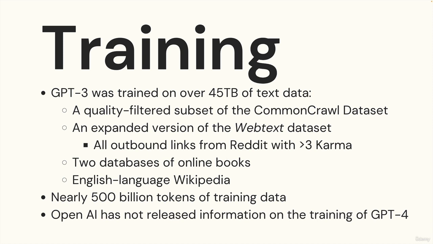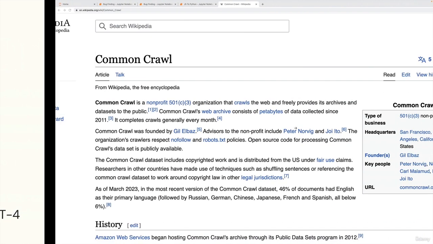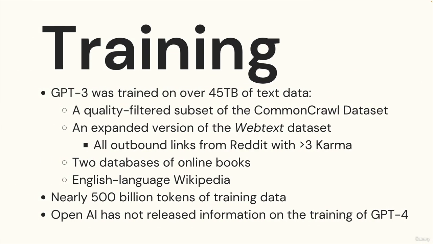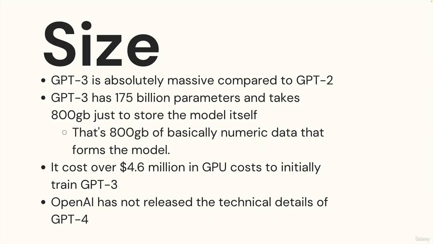Common Crawl is an organization that crawls across the web and archives and creates a massive dataset of basically as many pages on the web as it possibly can that you can use to train models or perform analysis on. Also, databases of online books, all of the English language Wikipedia, lots of data, and this is just for GPT-3, so it's speculated that the dataset for 4 is significantly larger, but there's no official confirmation from OpenAI.